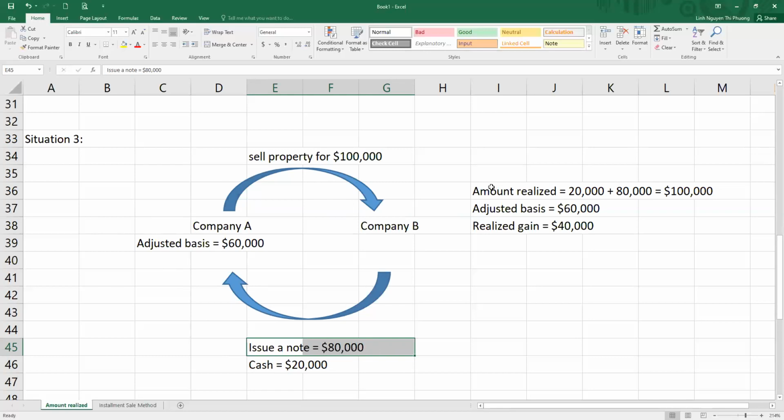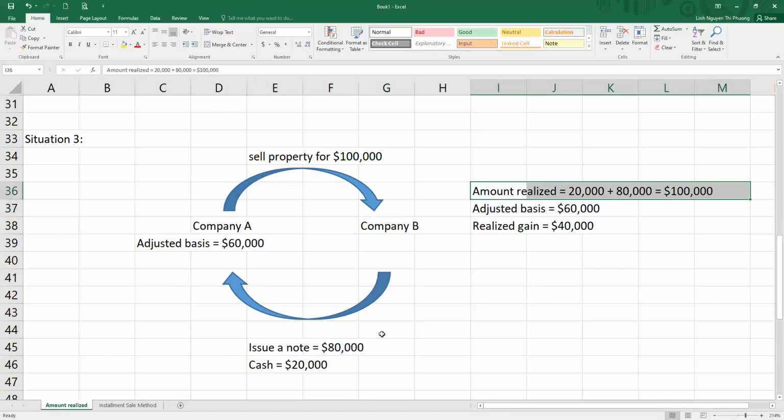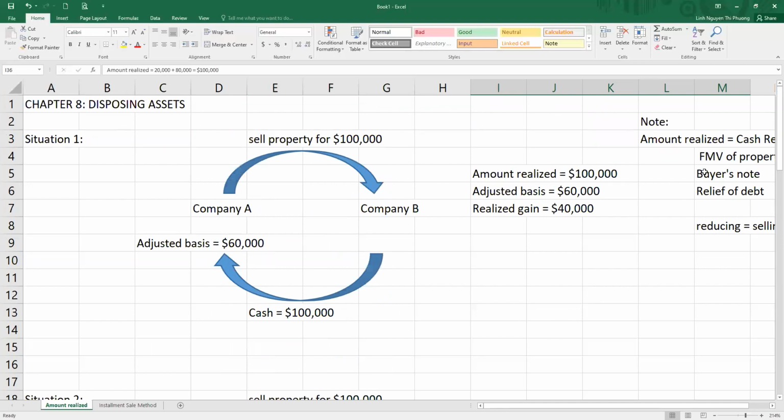So in this case, the amount realized will be equal to the cash that we receive, 20,000, plus the buyer note, 80,000, and that will give us 100,000. Adjusted basis is still the same, and realized gain is $40,000. So remember that amount realized also includes the buyer note.